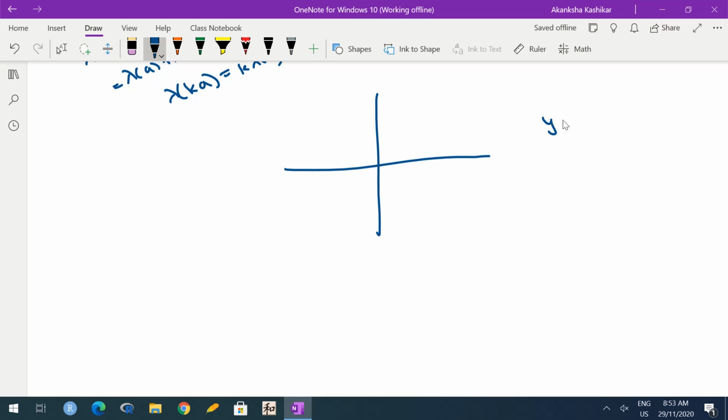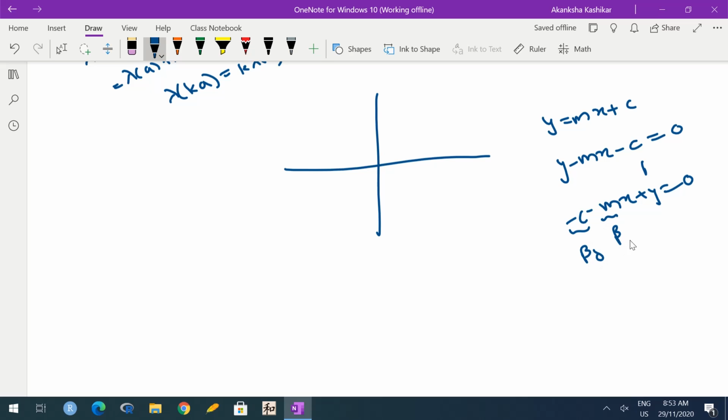Any straight line I can write as y equal to mx plus c. So it can be written as y minus mx minus c equal to 0. Okay, so this is minus c minus mx plus y equal to 0. So I can say minus c is my beta naught, minus m is my beta 1, and 1 is beta 2. Okay, this can be done.